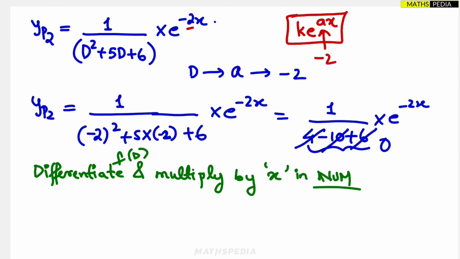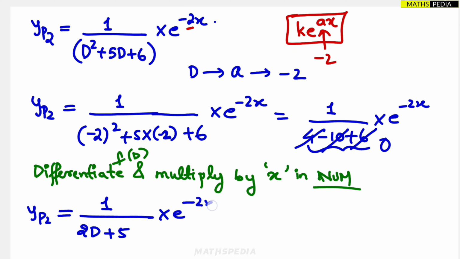So when you differentiate, what will you be getting? See here, Yp2 is 1 divided by, differentiate, it will be 2D plus 5, plus differentiation of 6 is 0, into e power minus 2x. As I said, don't forget to multiply x in the numerator. So I will multiply here x.